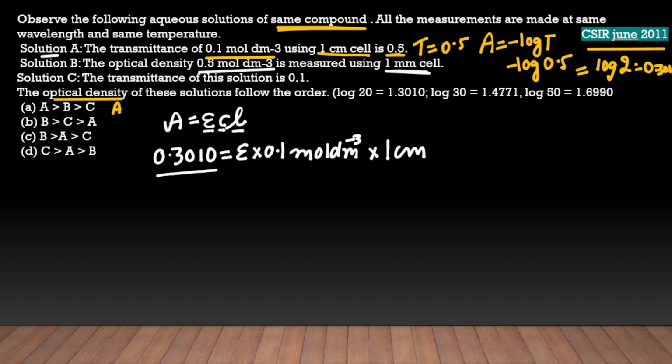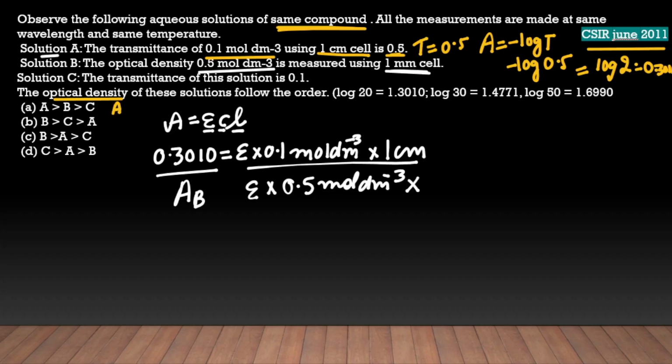But now this time we have to find the absorbance value for solution B. This will be equal to epsilon times the concentration, 0.5 mole per decimeter cube, and the length value is 1, so 10 raised to the power of minus 3 meters into 10 raised to the power of 2 centimeters. So the units get cancelled, and epsilon and epsilon will get cancelled.